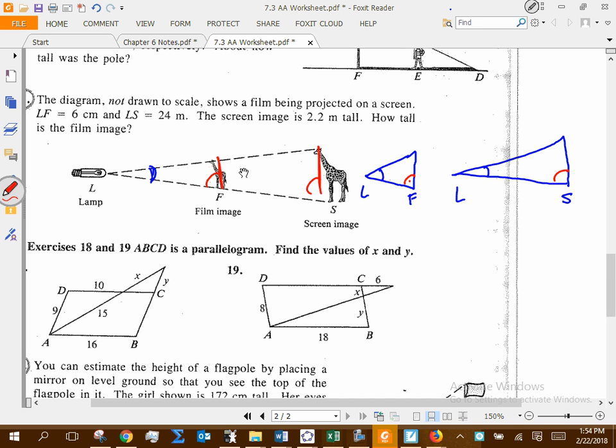If my film is not parallel to my screen, let's say my film is kind of like that, when the light passes through that, it's going to create distortion. You're going to see maybe the upper half of your image on the screen be blurry and stretched vertically.